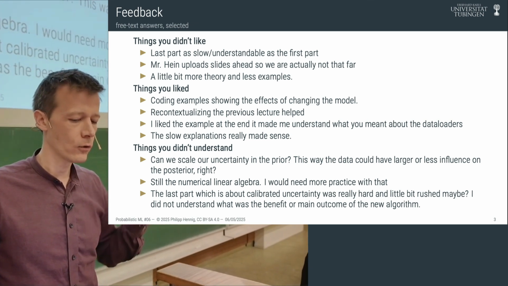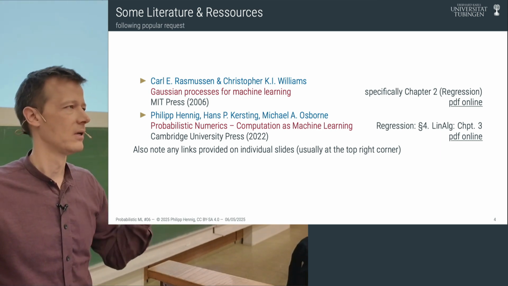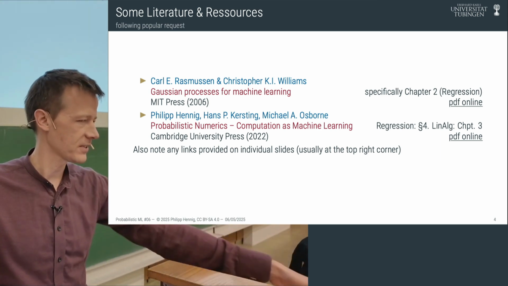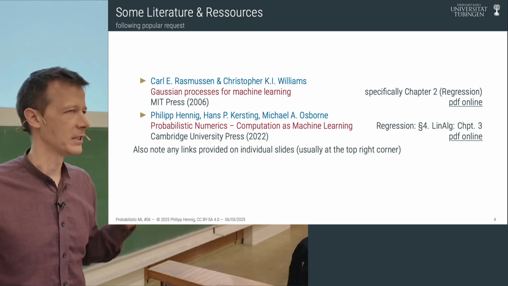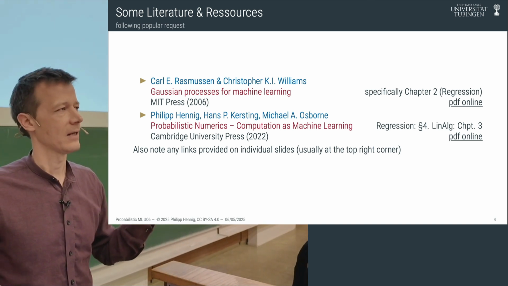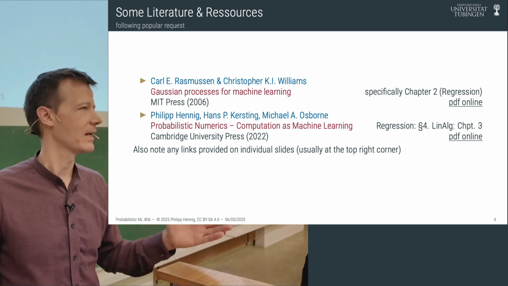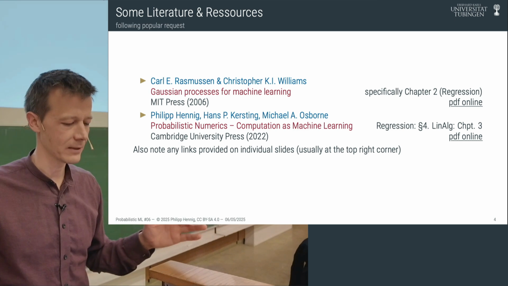Then there are also repeatedly questions on the forum, on Ilias, and in person here up front to me about literature. So where can you read up on this? I realize I'm repeating myself, but I'll just say it again because I want to be clear on this.